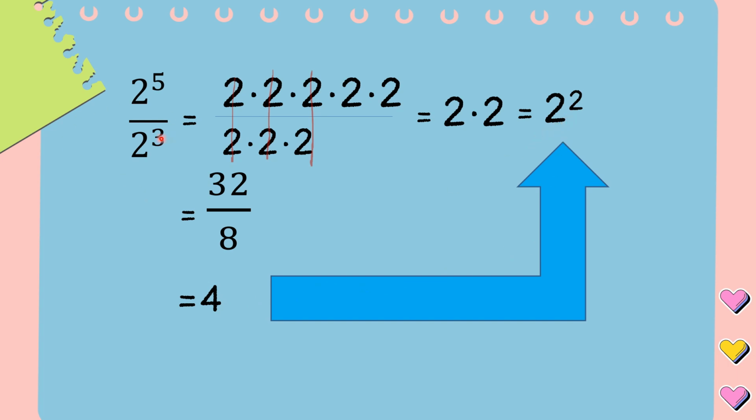So by the given example, you will notice that 2 raised to 5 divided by 2 raised to 3 is simply 2 raised to 5 minus 3. So when we divide expressions with the same base, we just copy the base and subtract the exponents. So 5 minus 3 is 2, giving 2 raised to 2.